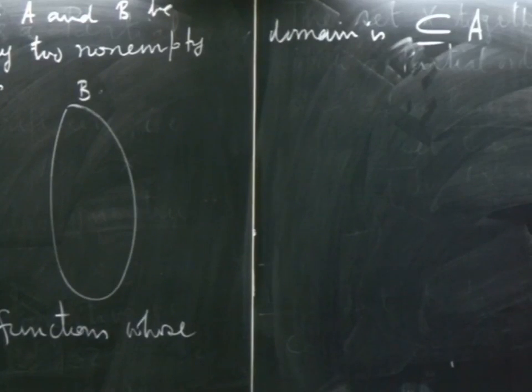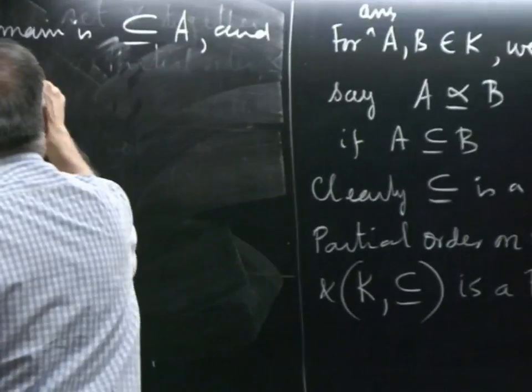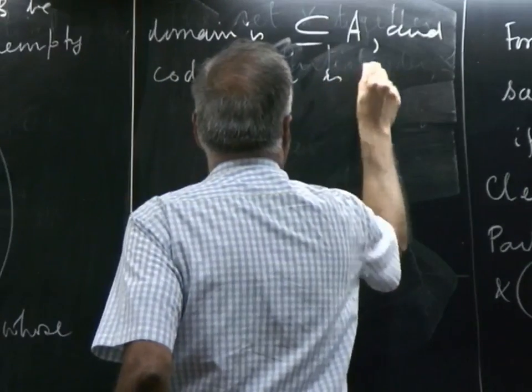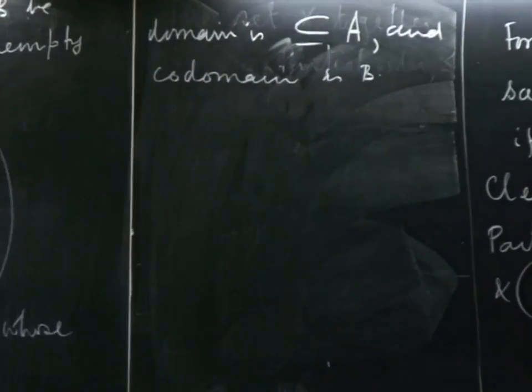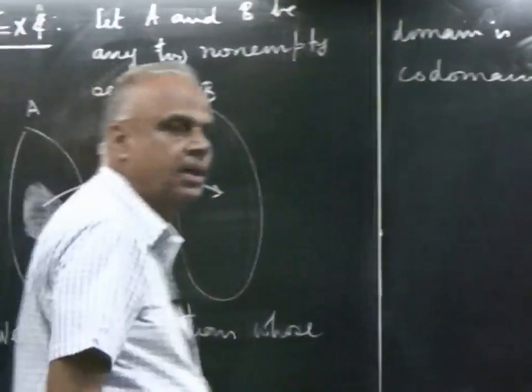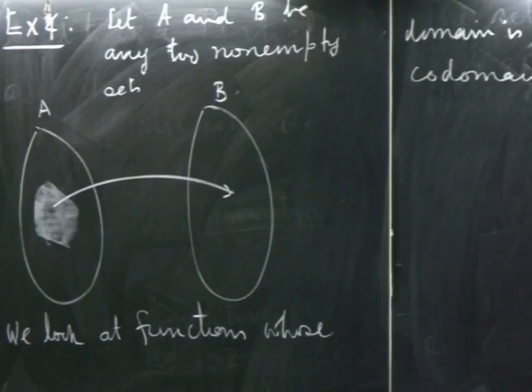So, it is a subset of A. So, we look at all functions whose domain is this and codomain is B. The values are always in B. So, there will be functions like this, there will be a patch and they are all functions from there to there. That patch is called the domain or definition of the function.